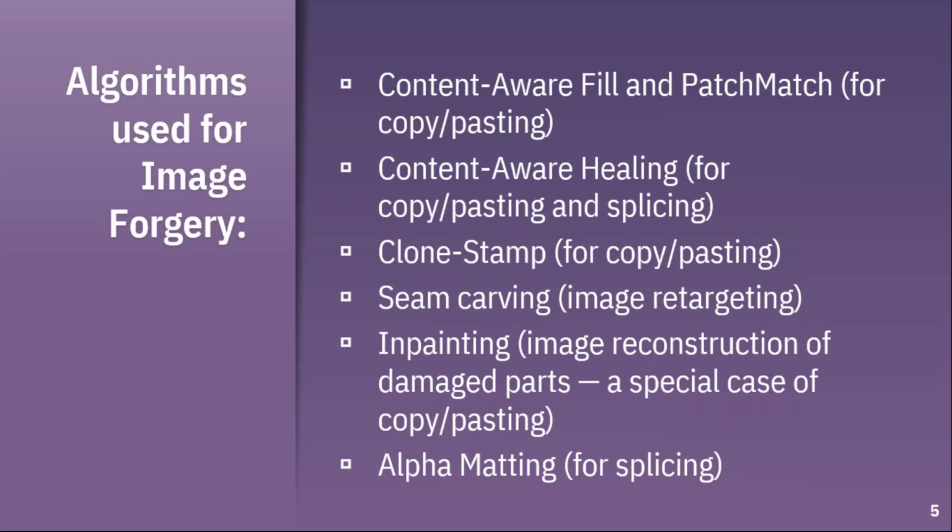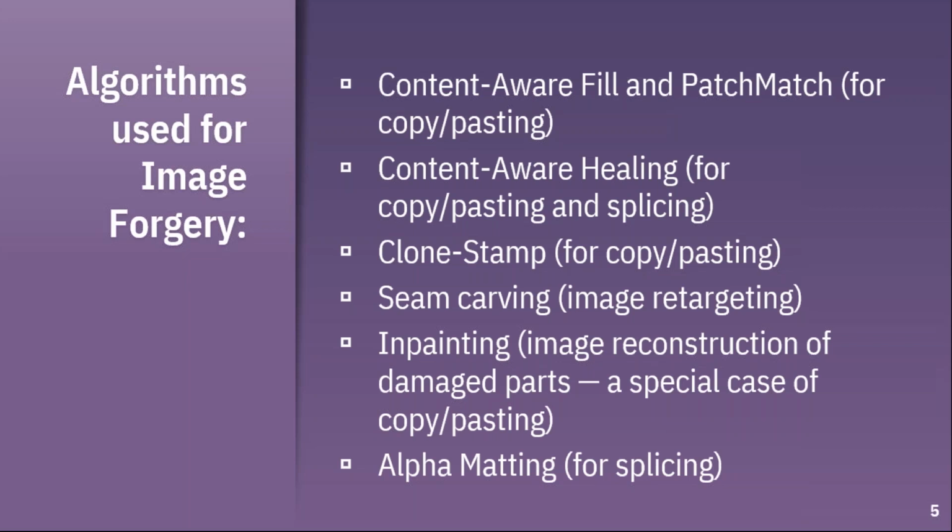Then we have content aware healing for copy-pasting and splicing. This is a similar technique which exists in Photoshop, but it is designed to select a particular area and paste it onto a different image to improve the quality of that image.